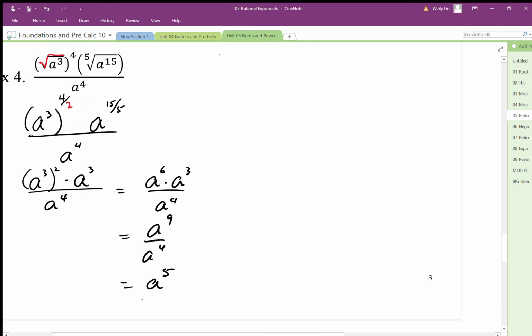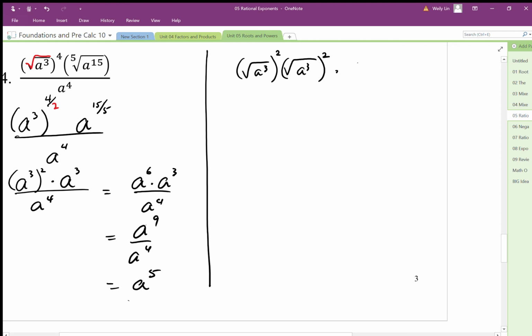We can just simply do it as an exponential problem. The other way we can do this is I can split my power 4 into squared and squared. Well, that's going to undo that square root.